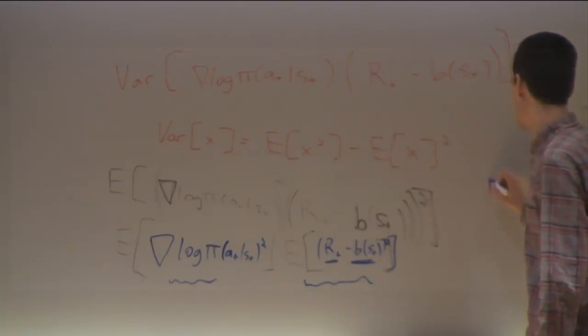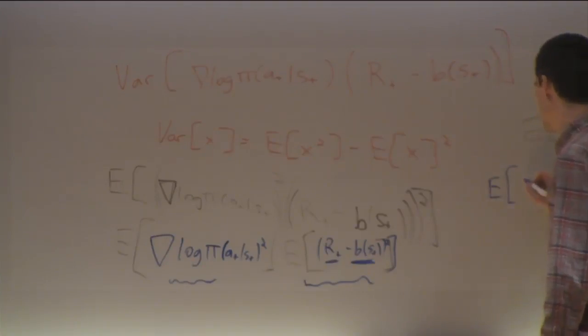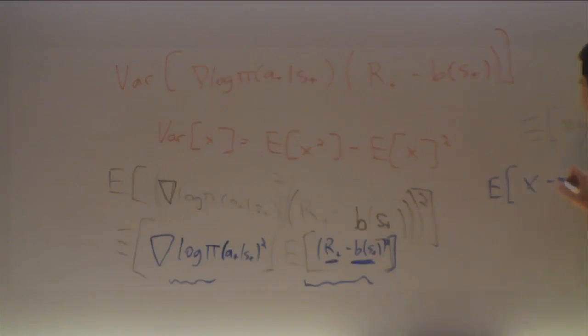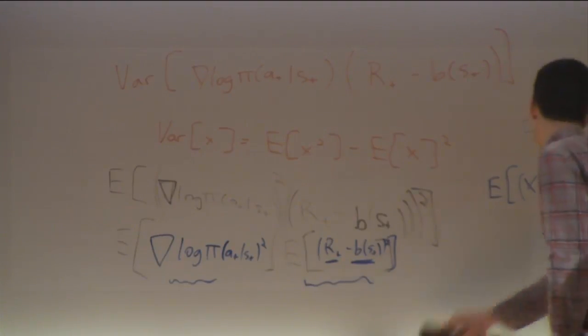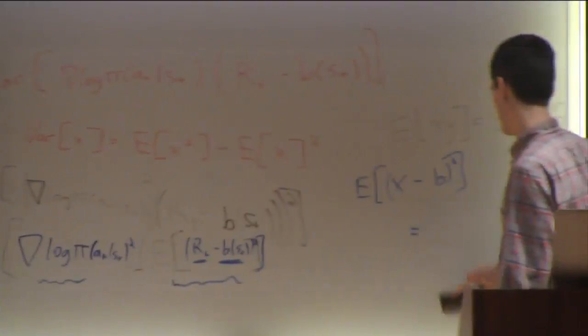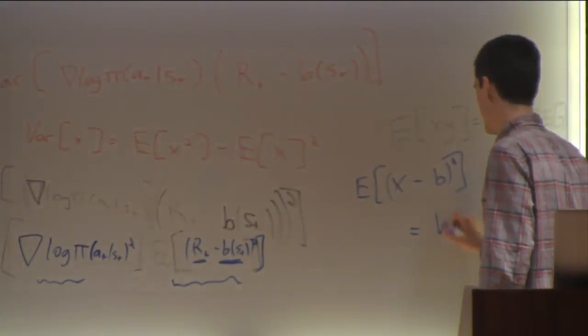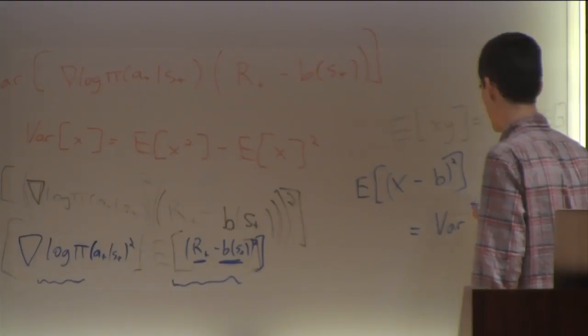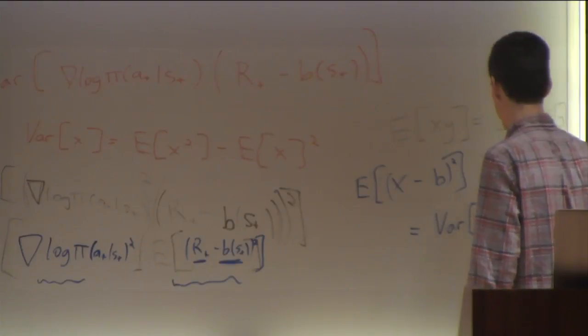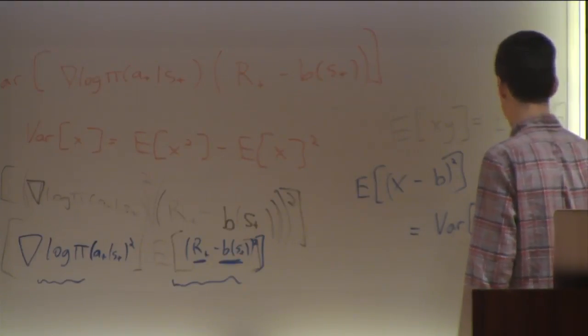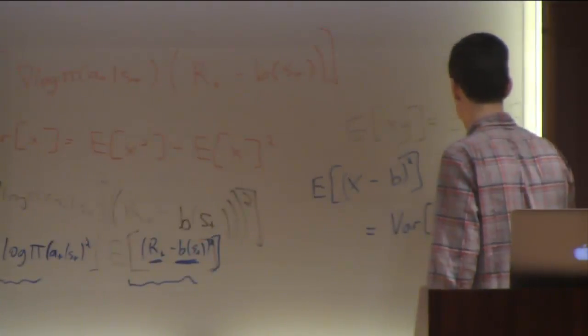if you have the expectation of some variable x minus b squared, where b is a constant, you can rewrite it as the variance of x plus the expectation of x minus b, squared, I think.